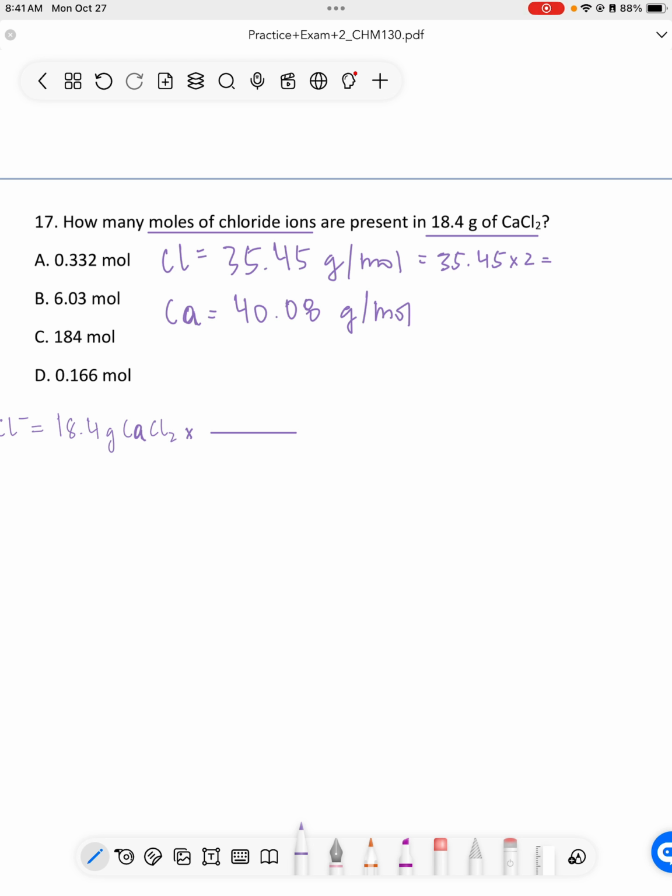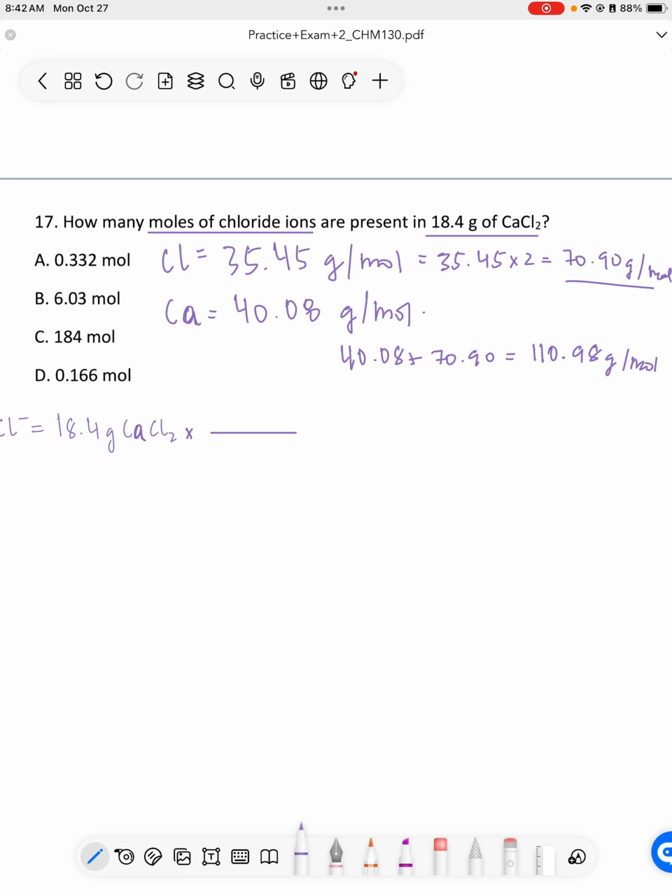And I'm just gonna do that on my computer. Okay, that equals 90 grams per mole. And we only have 1 calcium. So now we're gonna add our 1 calcium plus our 2 chlorines, and that's going to equal 110.98 grams per mole.